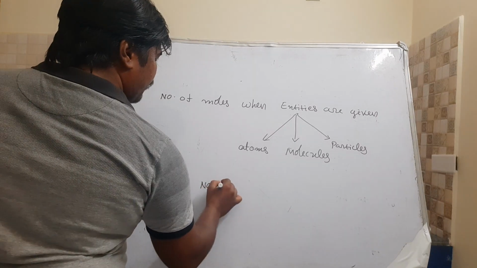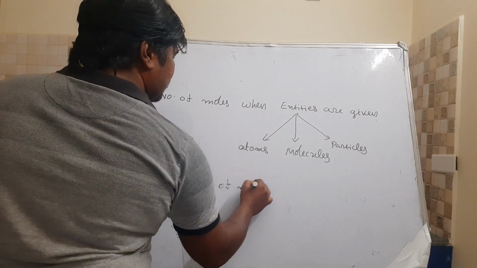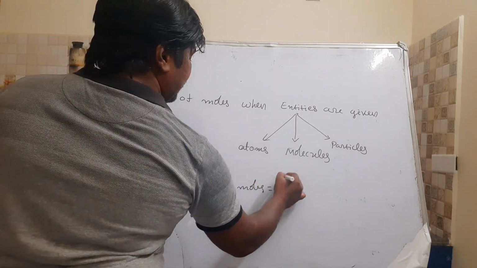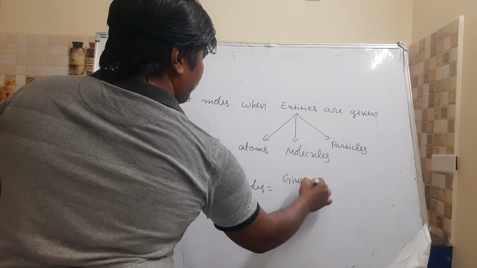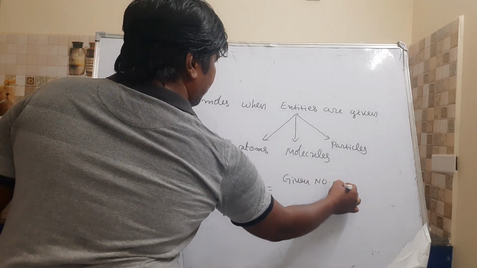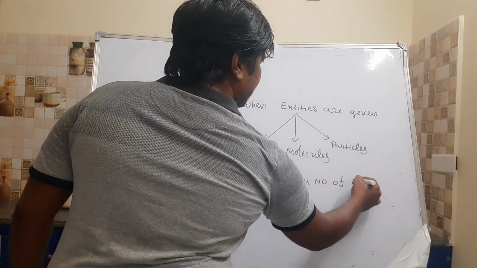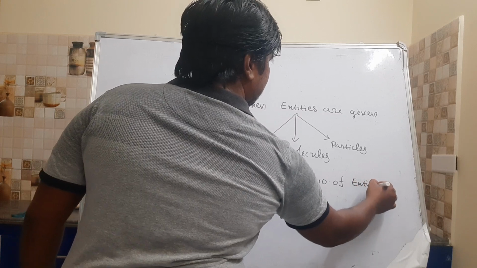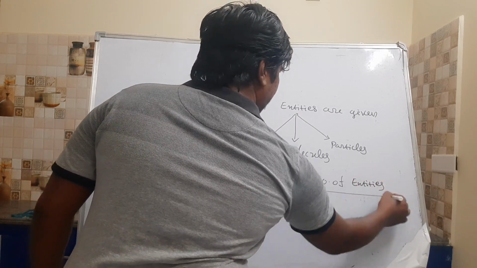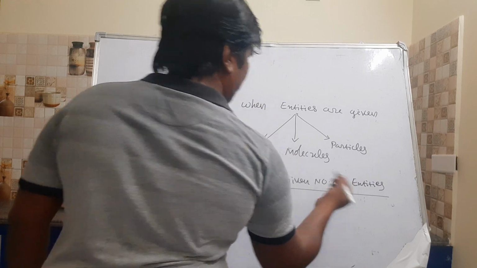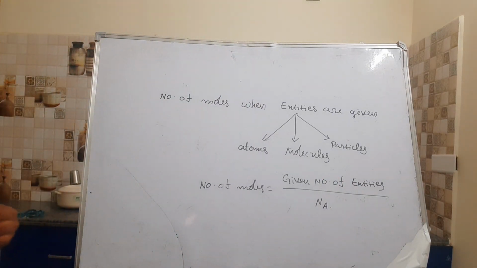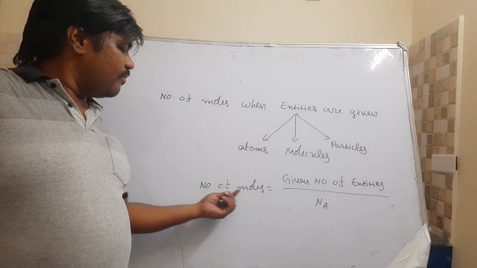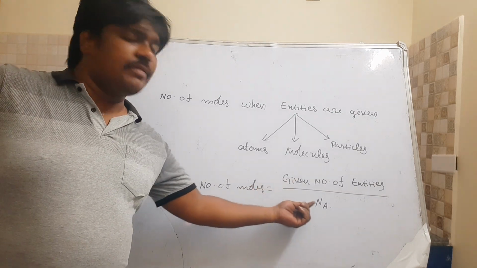So number of moles in this condition is equal to given number of entities divided by Avogadro number. That's it. Number of moles is equal to given number of entities by Avogadro number.